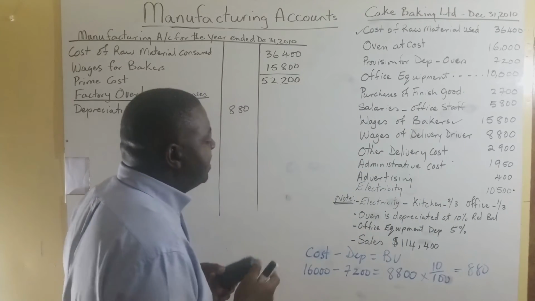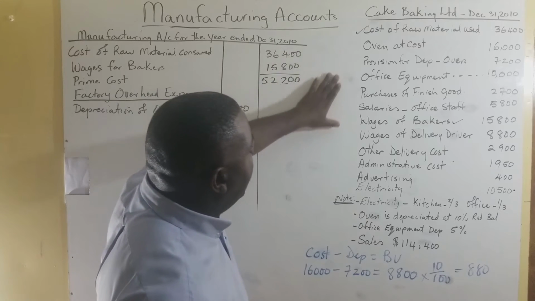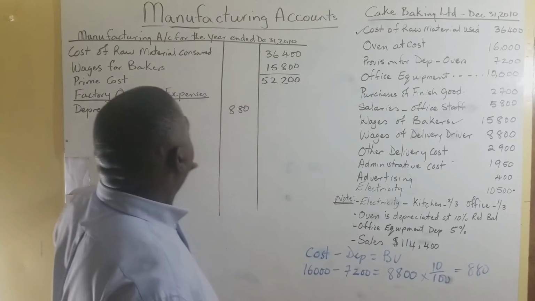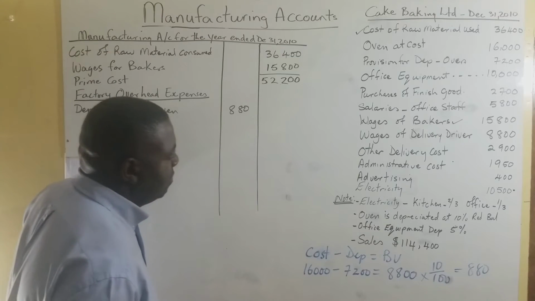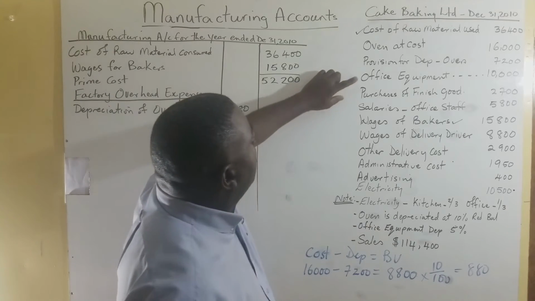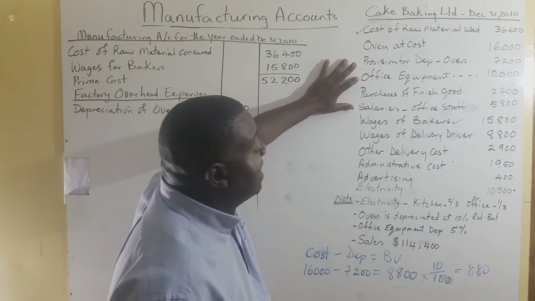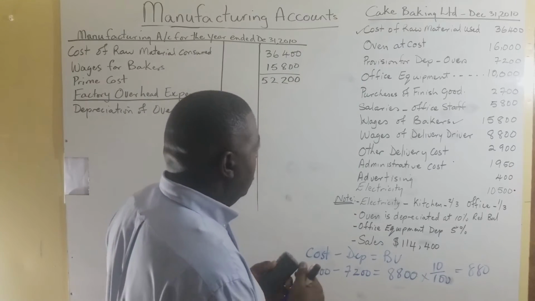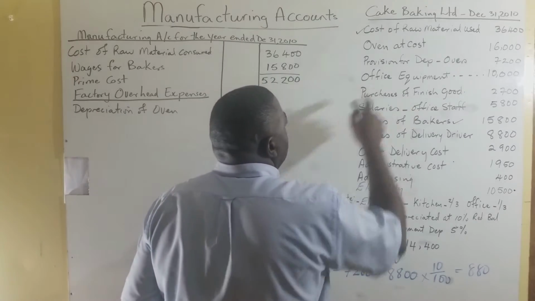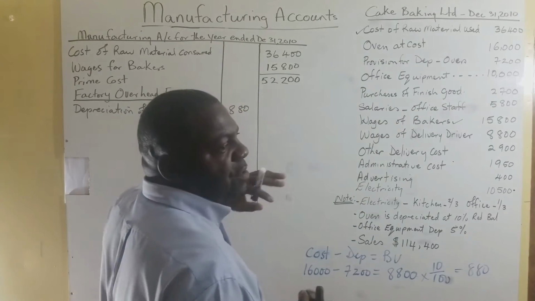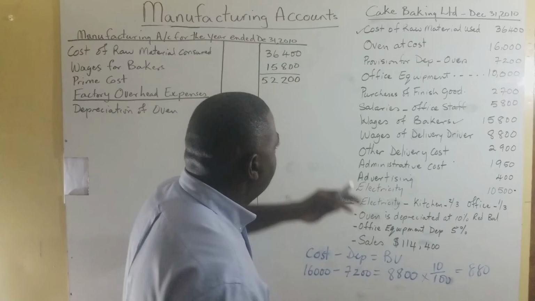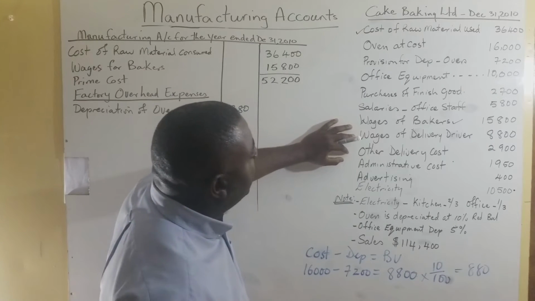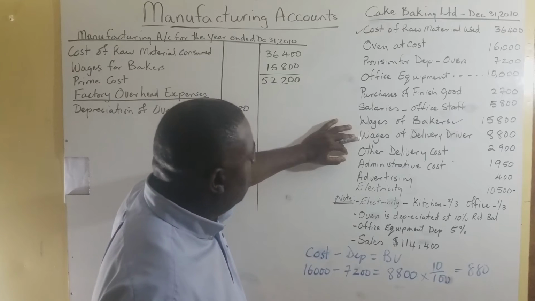All right, so we have completed that. We check now to see if there are any other item, any other cost that relate to the factory. Now, office equipment has nothing to do with the factory. This is a key word, office. So once we see office, we know it's going to the administrative cost. All right, salary, we have spoken to that already. Wages for delivery driver, no, we're not using that there.